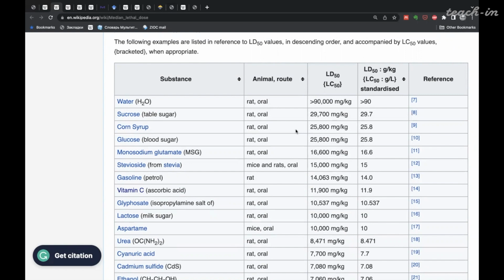And if we speak of LD50, we must always clarify toxicity in what organism and what type of toxicity, may it be oral or intravenous toxicity.